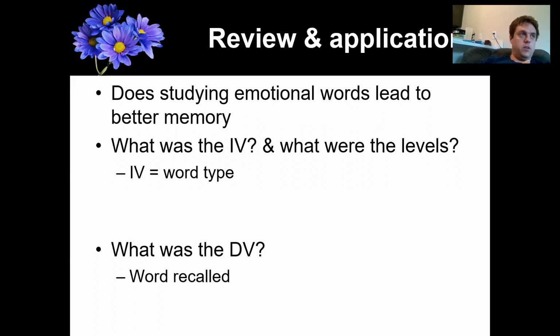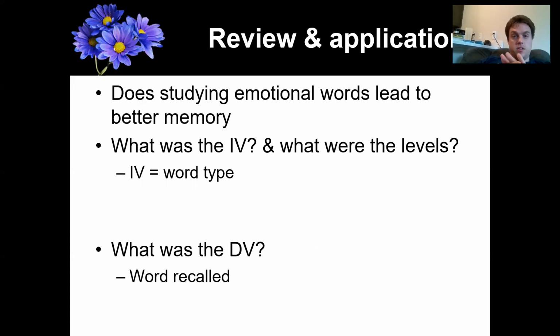So you can have them study all the words and write down what they remember. What's the dependent variable? It's going to be words recalled. So how many of those words did they actually remember?